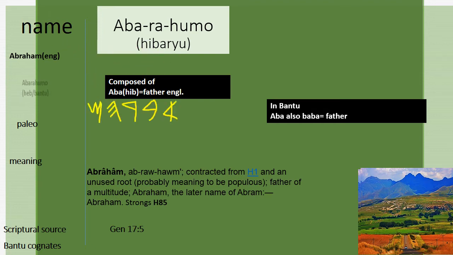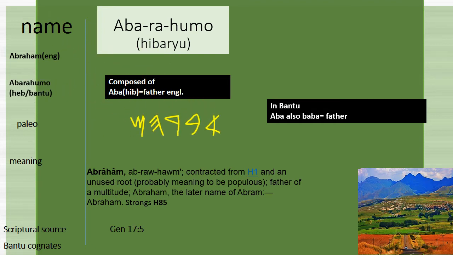The second one is Ra, which means person, man, and a root of uprightness. Now, because a man is straight, hence it becomes the root of uprightness. And the other unknown, unused root, homo, which in English it says ham.